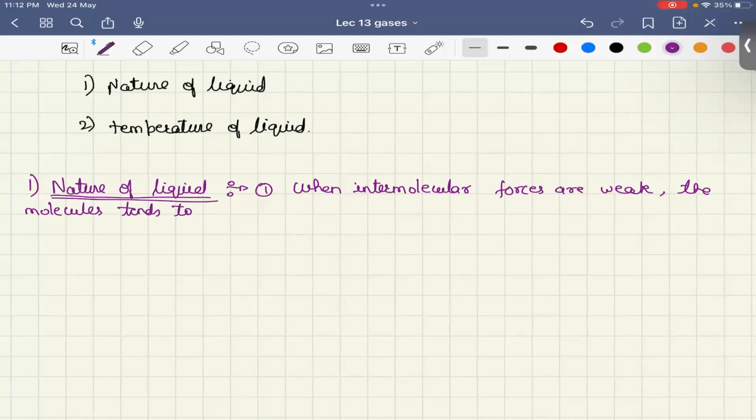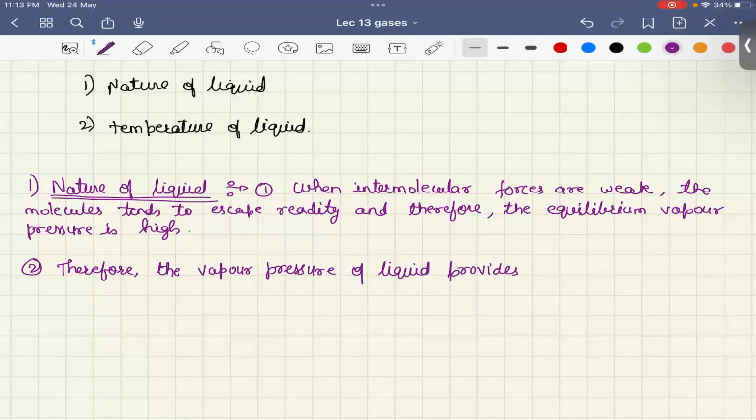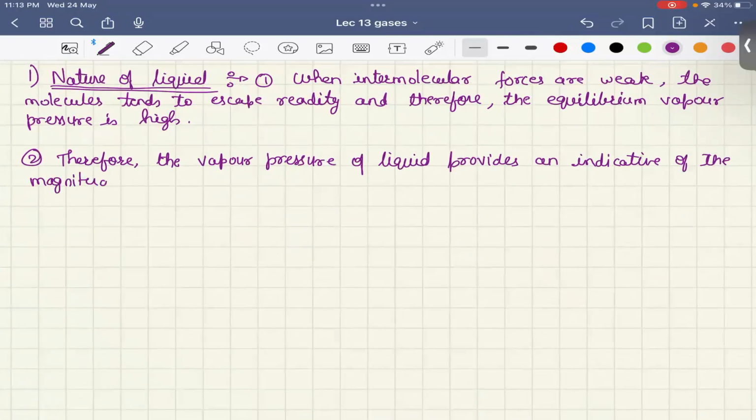Therefore, the vapor pressure of a liquid provides an indication of the magnitude of the intermolecular forces.